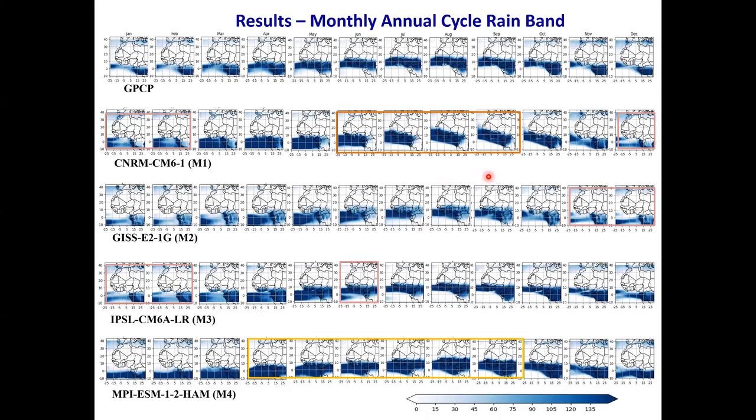In the case of the rain band, as I explained with the first schematic presentation of the West African Monsoon System, I said that the West African Monsoon System, in simple terms, is a land-sea breeze.